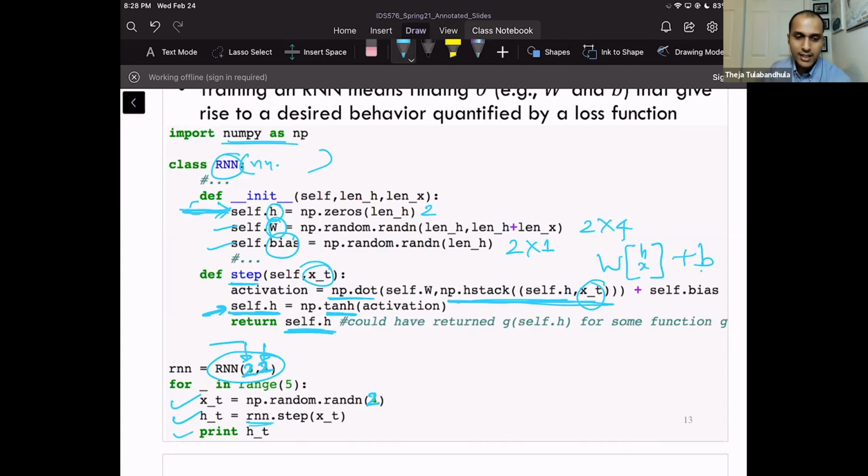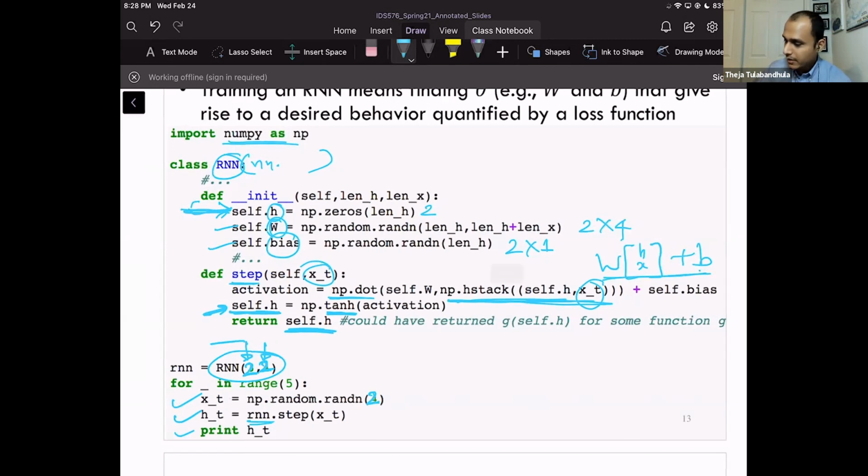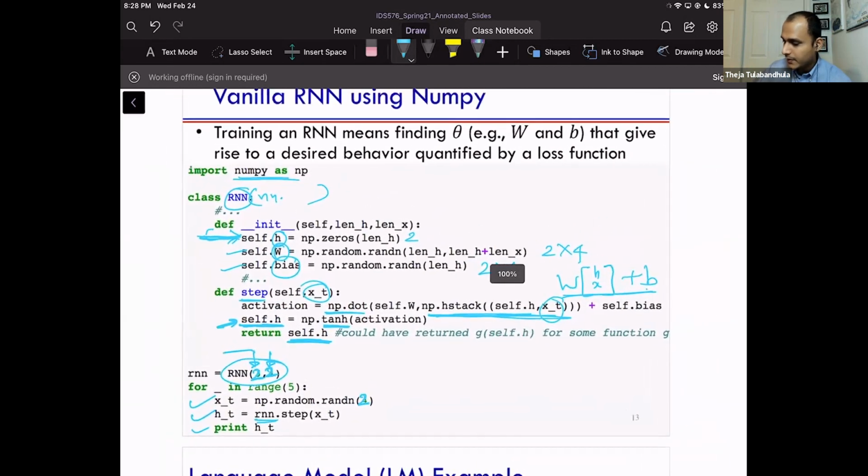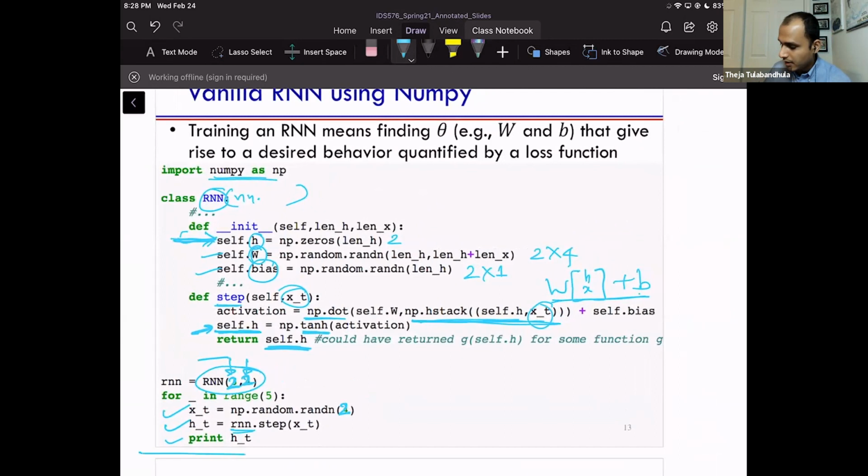The RNN remembers the ht, and the next time you pass xt, it's going to remember its previous h, concatenate and do this transformation, apply nonlinearity, and so on. So let me pause here. We'll talk from this slide onwards next time. This is just a simple implementation of an RNN.